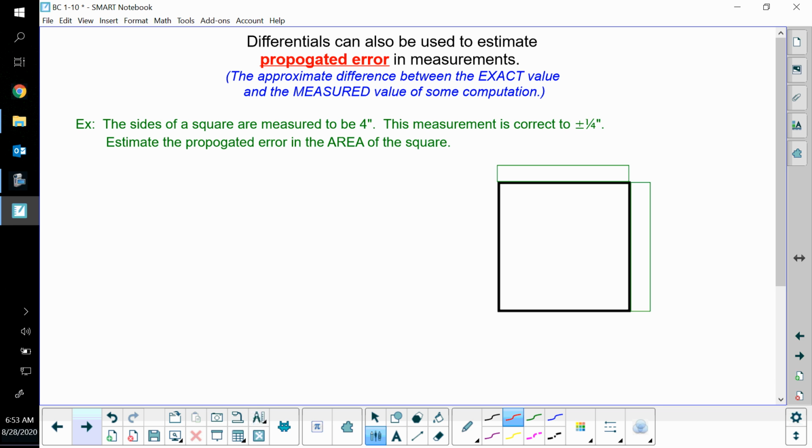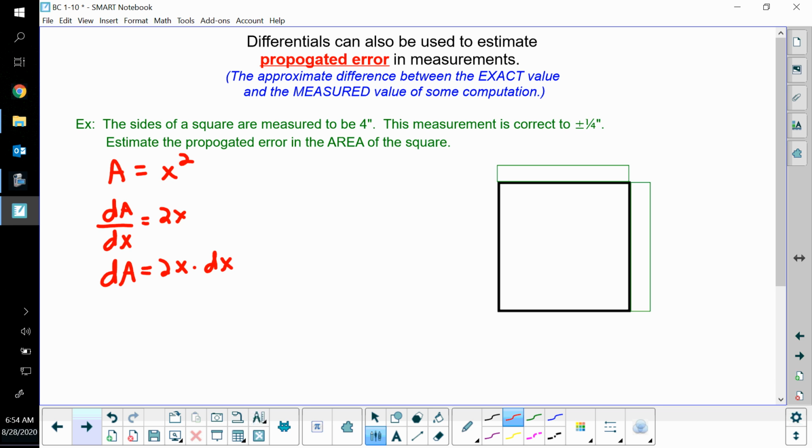The approximate change is just a differential. So we're going to start with our area equation for a square, A equals x squared, and we're going to do our differential. So dA over dx equals 2x. So therefore, our differential for the area is 2x times dx.